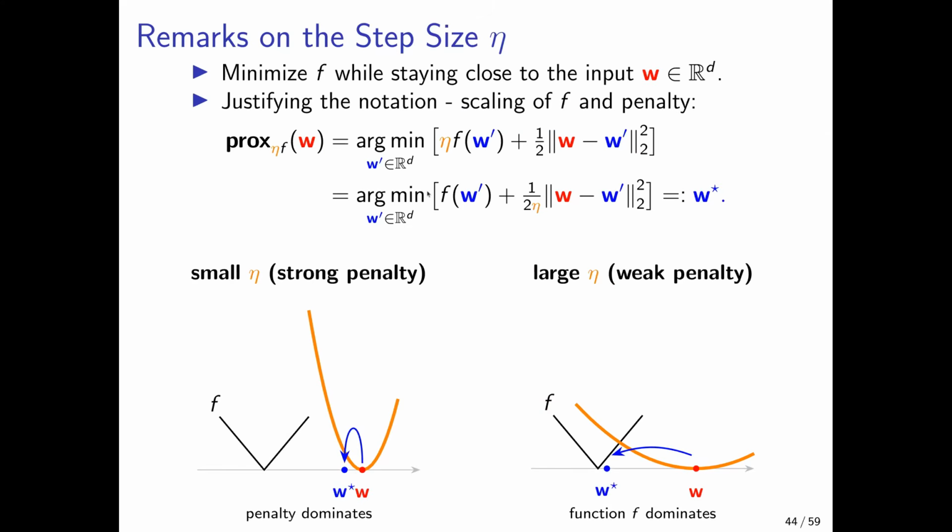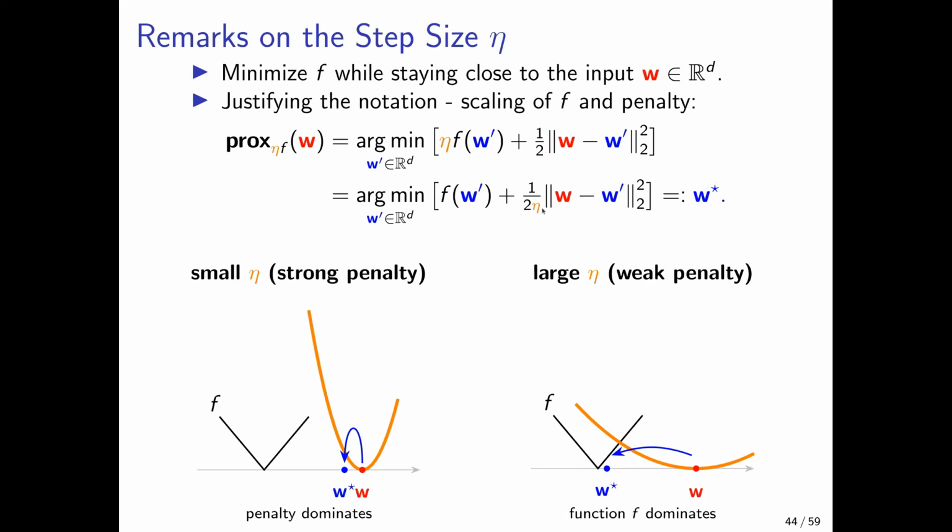Let's quickly remark on this eta, on this trade-off, and also a little bit on this notation. First of all, let's recall that the definition of the proximal operator is given in this second line. If you see this, it might be a little bit confusing because here we have eta times f, so it's more like a scaled version of f, but here f and eta are separate.